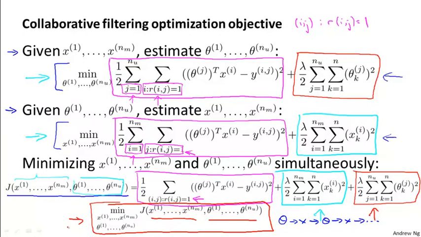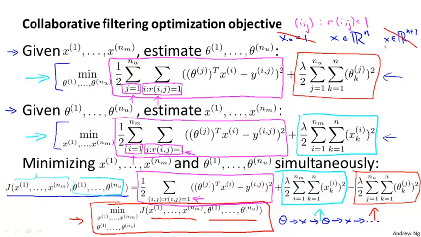Finally, one last detail is that when we're learning the features this way, previously we have been using this convention that we have a feature x0 equals 1 that corresponds to an intercept term. When we're using this sort of formalism where we're actually learning the features, we're going to do away with this convention, and so the features we're going to learn, x, will be in R^n, whereas previously we had features x in R^(n+1), including the intercept term.